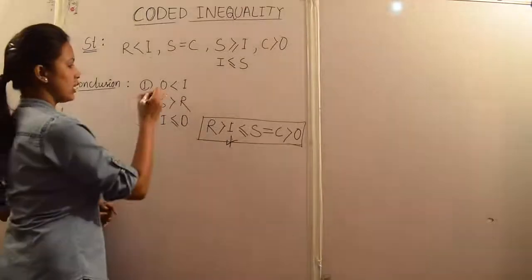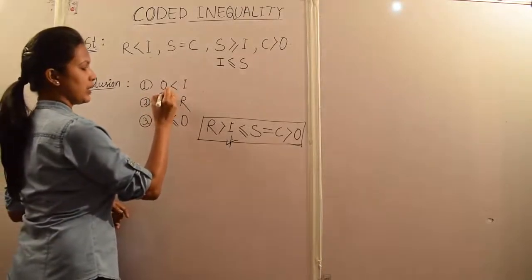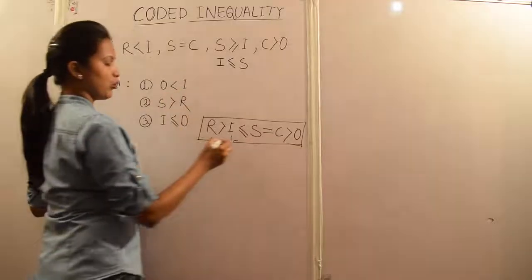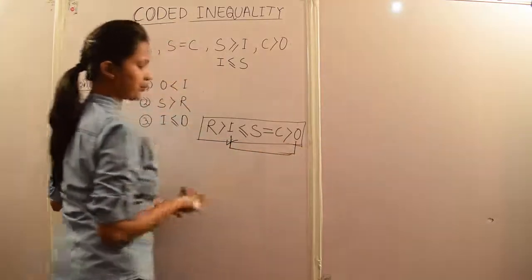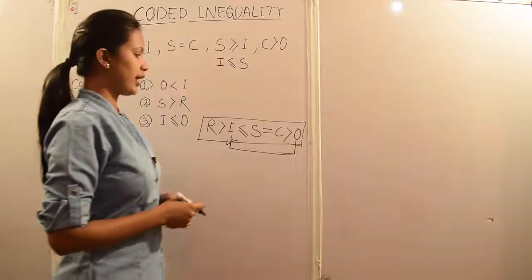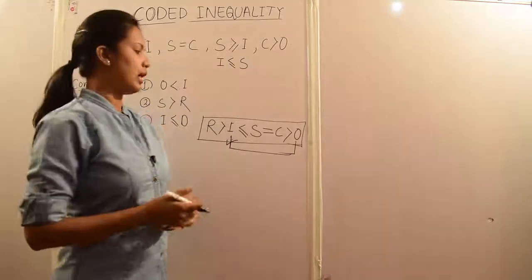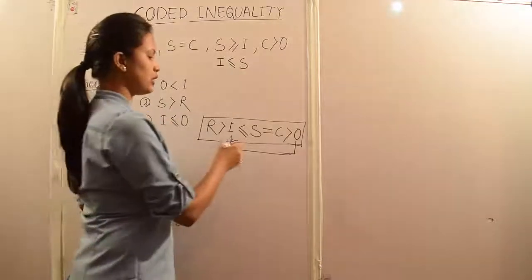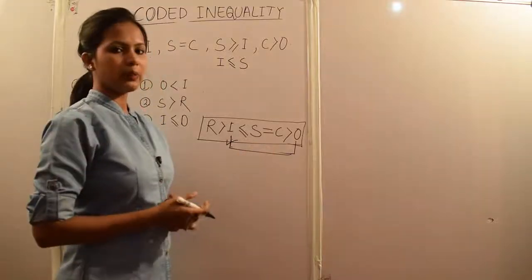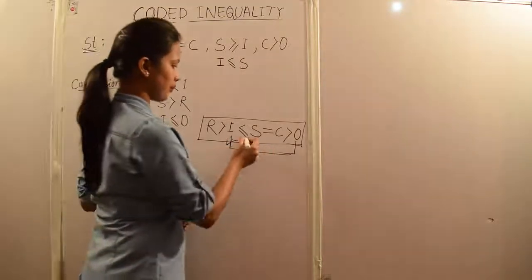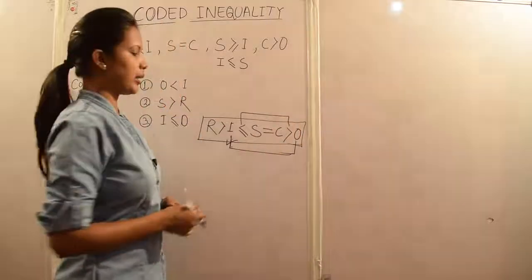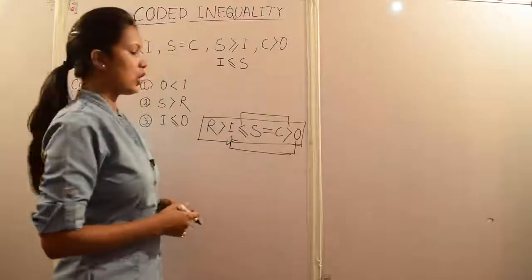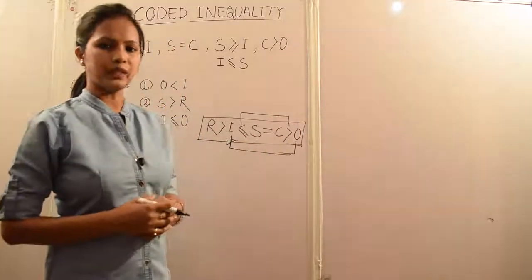So let's see conclusion 1. Here it is written O is less than I. So we will compare the variables I and O. If we compare the variables I and O, then we can say the conclusion between them cannot be determined, because if two dissimilar inequalities are given between these two variables, the conclusion cannot be determined.